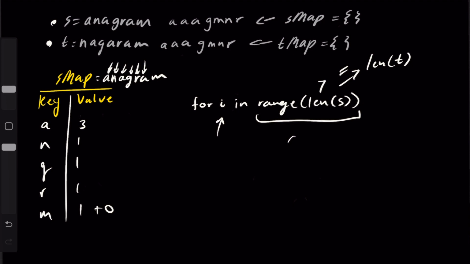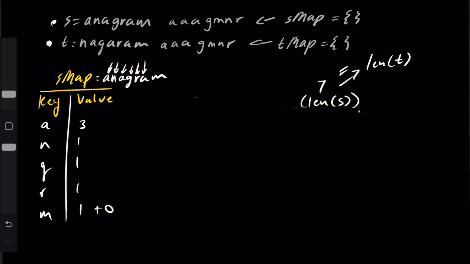Let's put this again: 0, 1, 2, 3, 4, 5, 6. Since we're iterating through the first time, it would start at 0. So essentially the first iteration is A, and then you finish looping through it, you go again, and it starts at 1 and moves to the next. That's how we're going to be going through every single character, right? So that's how that code works.